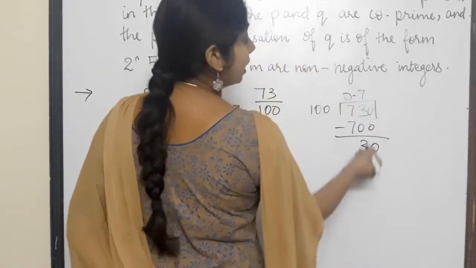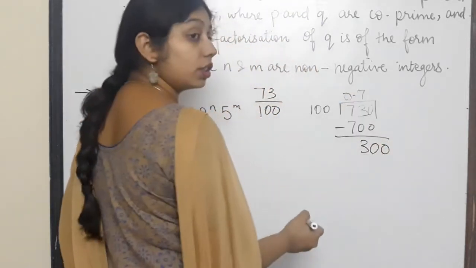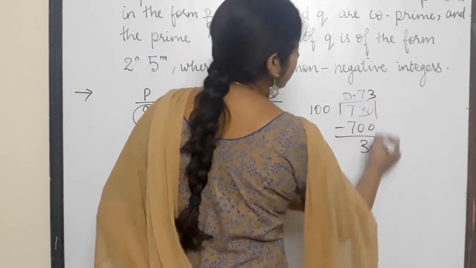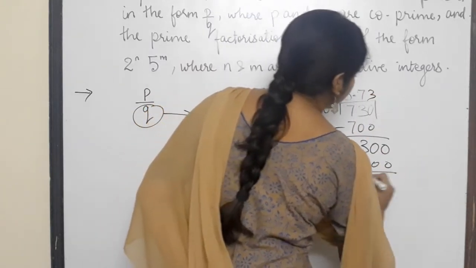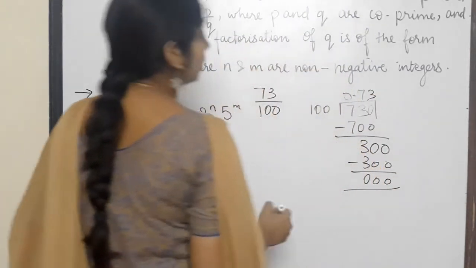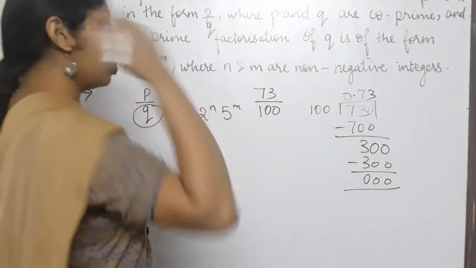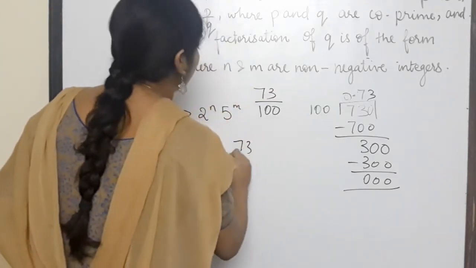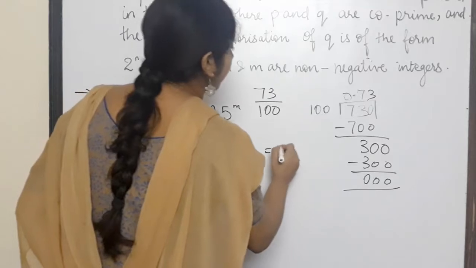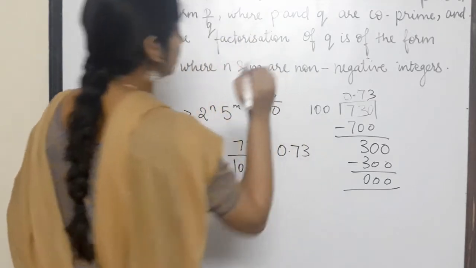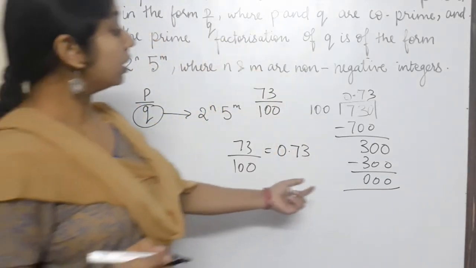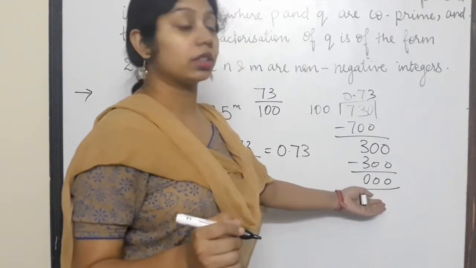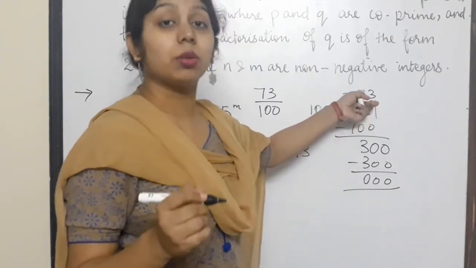Decimal is also already placed. So we write over here 0 automatically. 100 threes are 300. Can you see over here? After a certain point, the expansion has stopped. So 73 upon 100, we can write it as 0.73. You can see over here that the decimal is a terminating one.